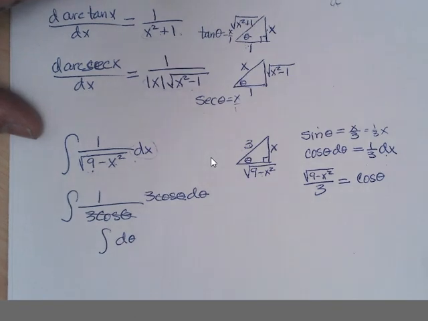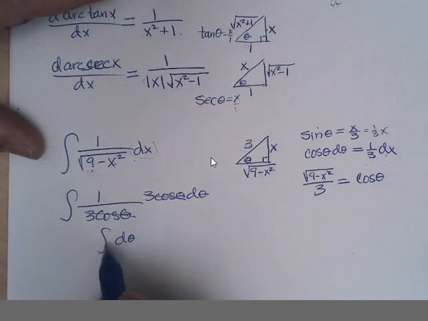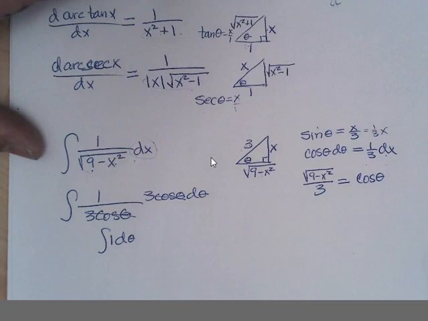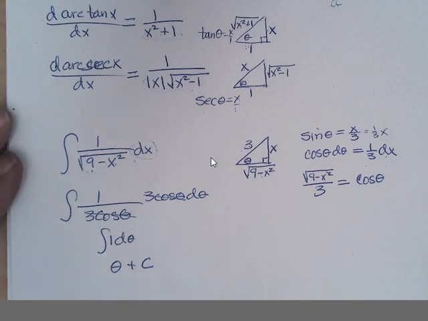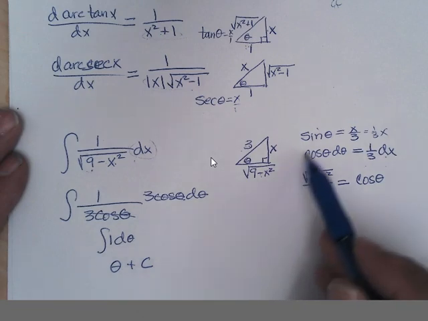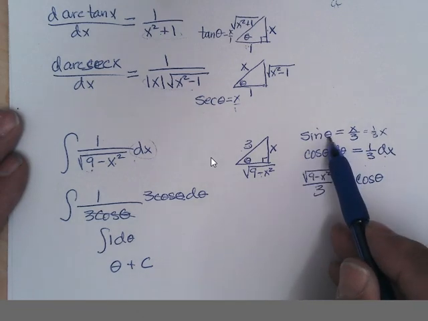What's the antiderivative of d theta? Or shall I say 1 d theta? Well, if it was 1 dx, it would be x. So the antiderivative of 1 d theta would be theta, plus c. But theta we manufactured. We need to get back to x's. So now I need to go figure out what theta is.